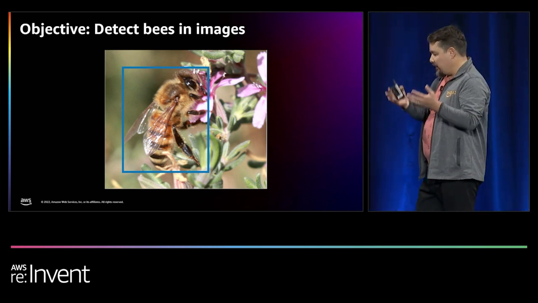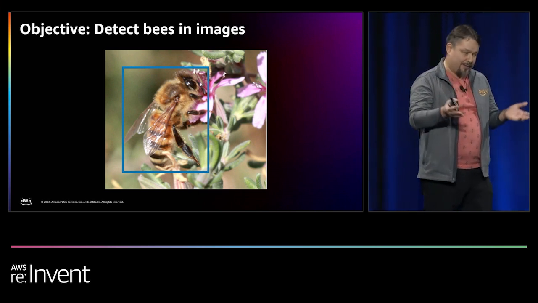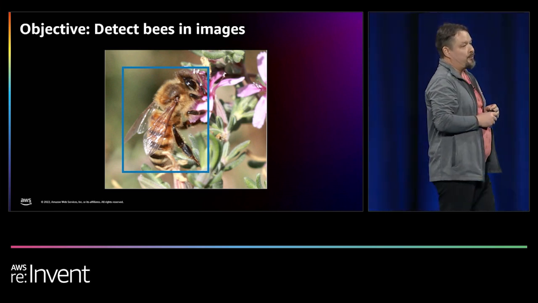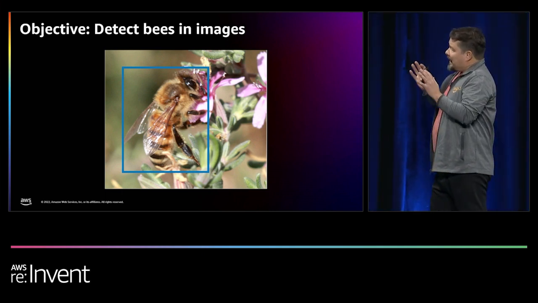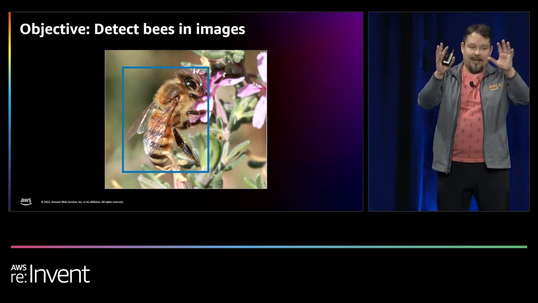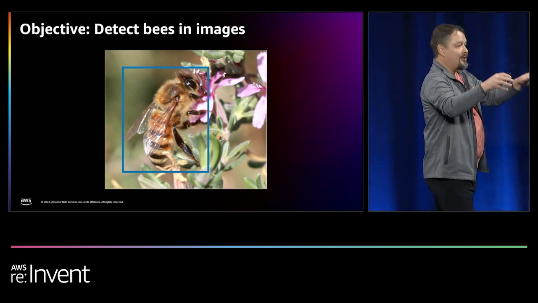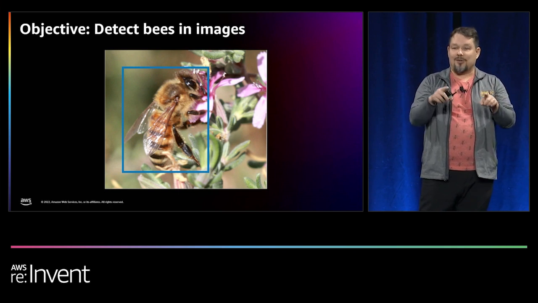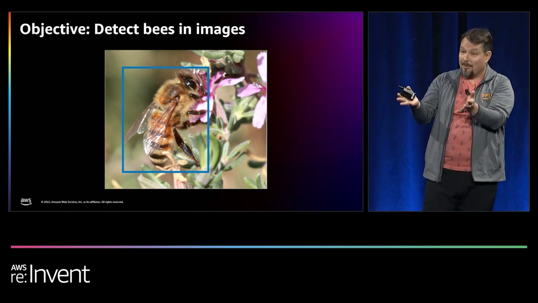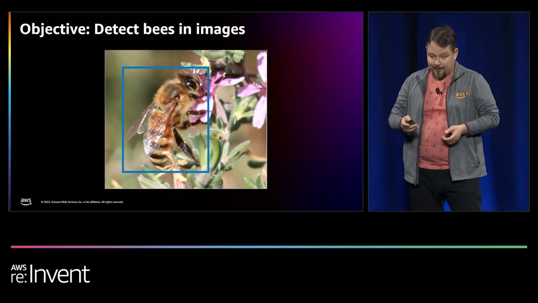Some estimates say maybe an 8% decrease in production can result from these issues. So we can put cameras in certain locations, take photos, detect the presence of bees, and also perhaps even count the numbers of bees to estimate the overall health of the colonies.